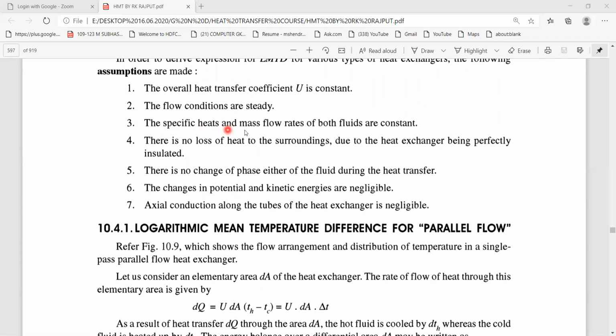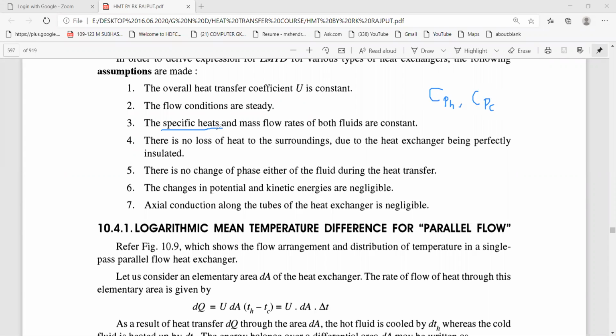Next, the specific heat and mass flow rate of both the fluids are constant. The specific heat of the hot fluid and cold fluid: c_ph, small c, represents the specific heat of hot fluid, and c_pc stands for the specific heat of cold fluid.